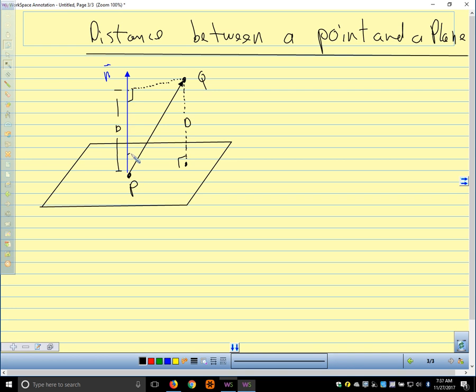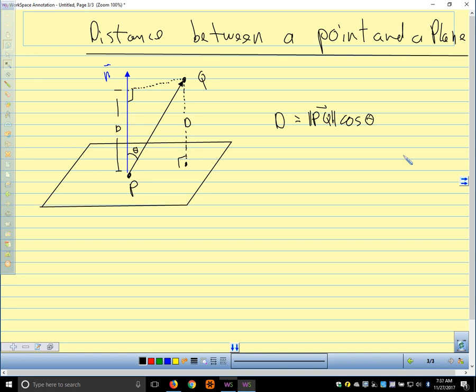And I'm going to call this angle theta. Well, what do we have going on here? We have a triangle. This distance, d, is the magnitude of PQ times the cosine of theta.